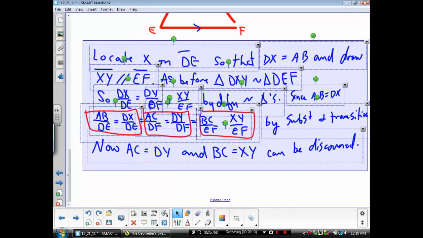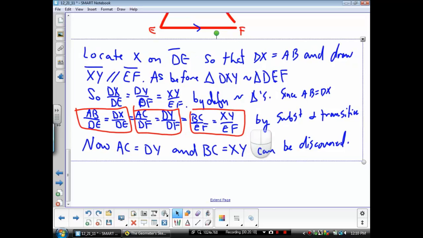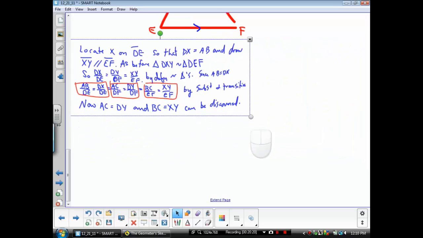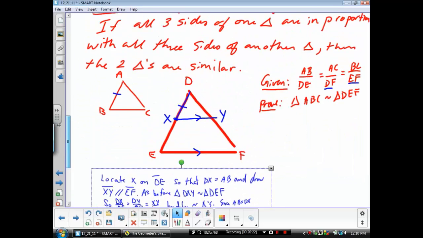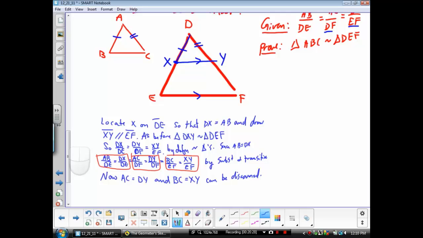I'm going to shrink all of this so I can look at what we have now. If we have AC equal to DY and BC equal to XY, then we have congruent triangles.